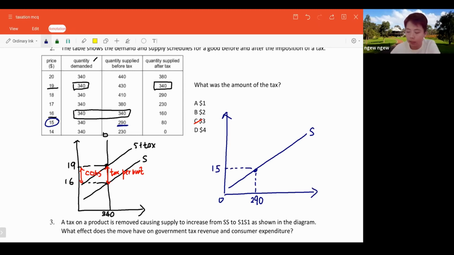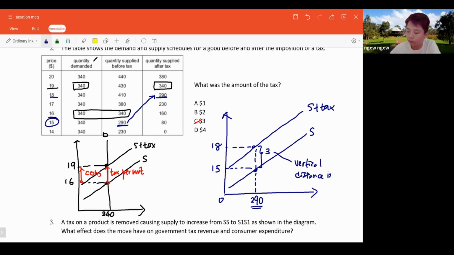Now, after tax is imposed, to supply the same quantity of 290, firms are now asking for 18. Therefore, the vertical distance between the two supply curves is your tax per unit. Okay, this is the second method that I would like to share with you.